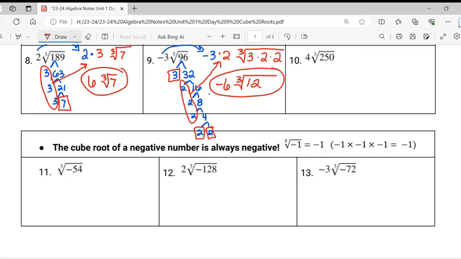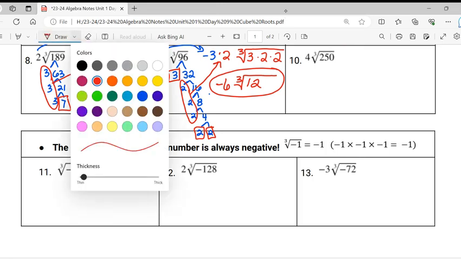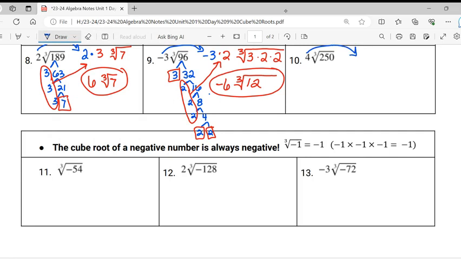We'll take a look at our next one as well. We again have a 4. We're going to bring that over, keep it on the outside, and factor 250. Ooh, 125 is one of our perfect cubes, but let's keep working. And we'll keep factoring this.